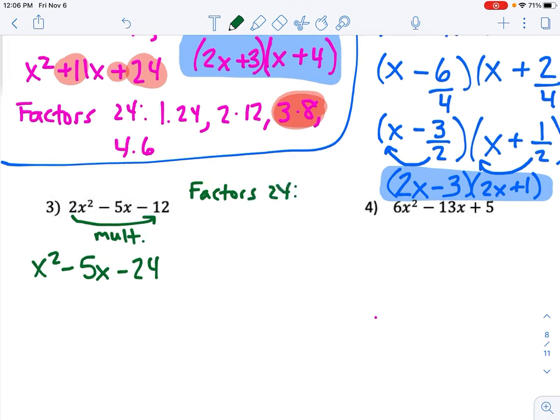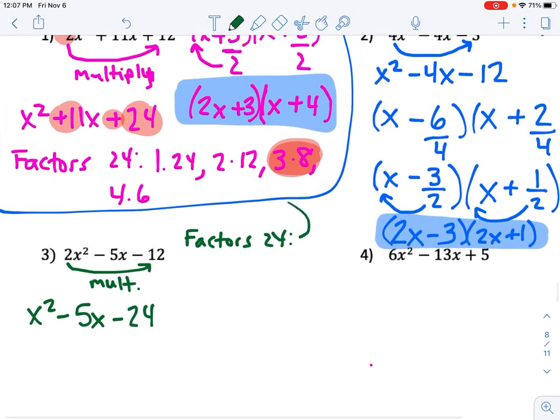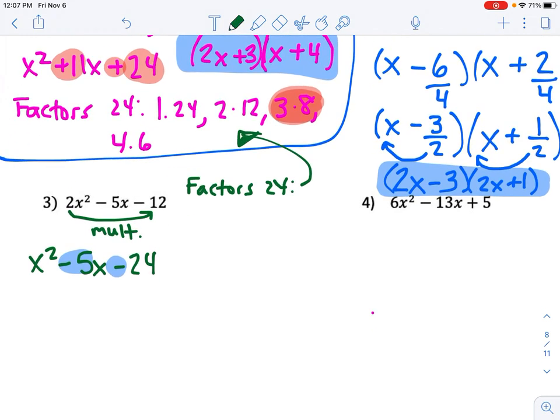So the factors of 24 are up here, so we can just actually look up here. Once again, we need factors of 24 that subtract to negative 5.